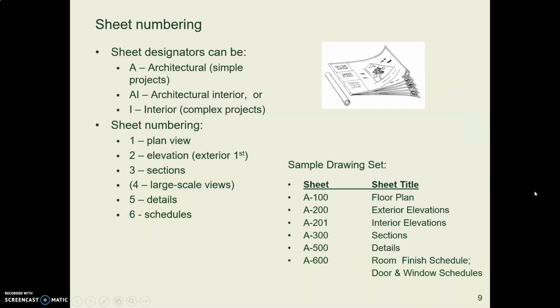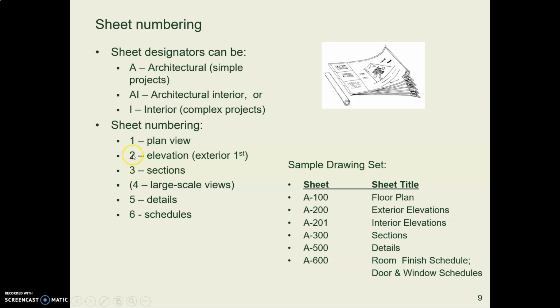Speaking of page numbers, we can use page numbers for elevations. I don't know if you remember that the ones, A101, are plan views. The twos, A201, A202, are elevations.